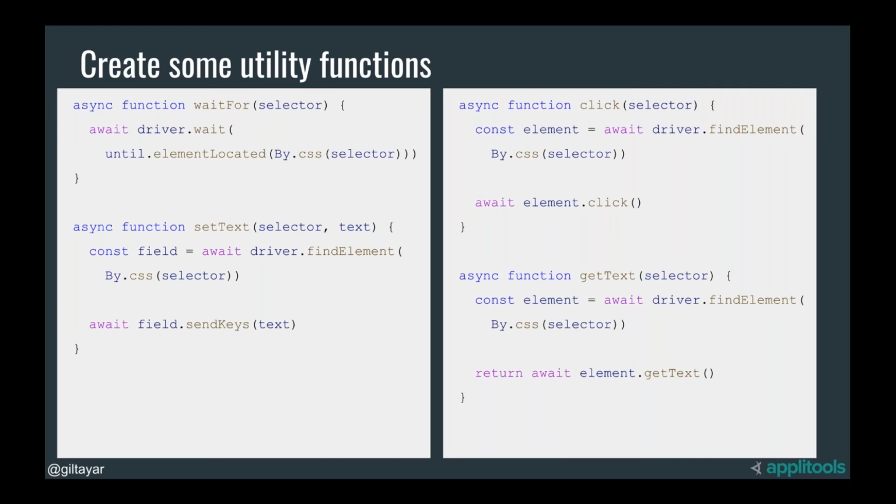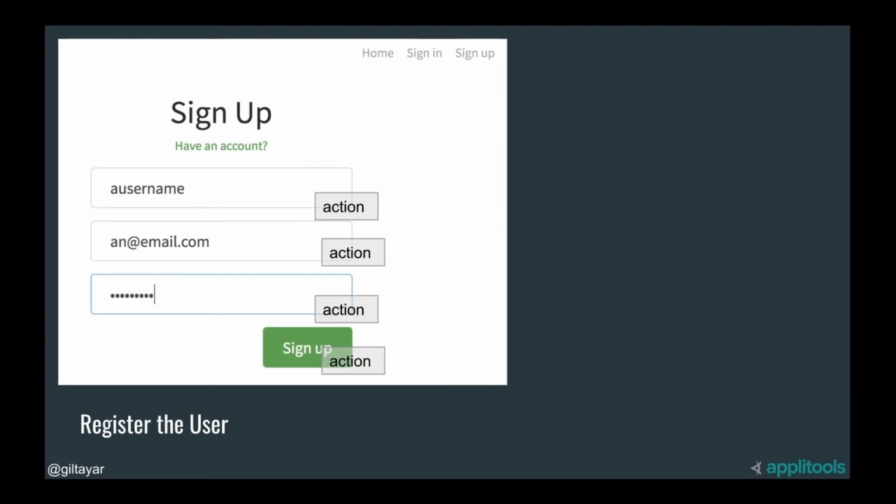These are the utility functions I write. And let's start by doing the sign up. The sign up is as we saw, but this time we're going to let it pass. We have four actions: setting the username, setting the email, setting the password, and then clicking on the sign up. And it looks like this.